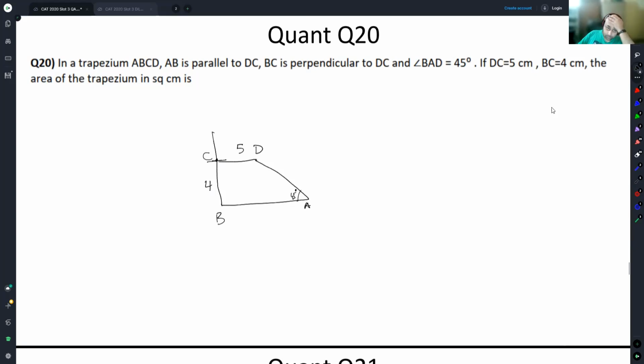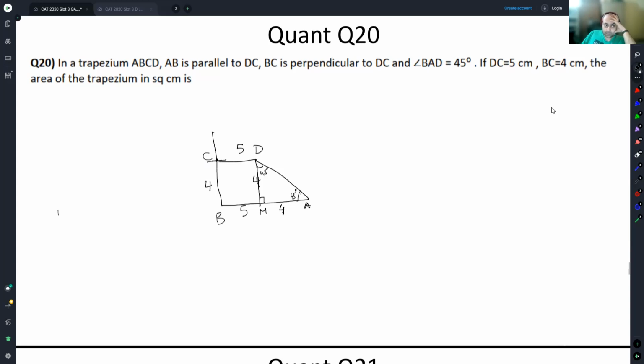Okay. If I drop a perpendicular from D, this is 4, this is 5. Now look at this triangle. I'm saying this point is M. I drop the perpendicular, so this is 90, this is 45. This will also be 45. So side opposite 45 is 4, side opposite 45 will also be 4.